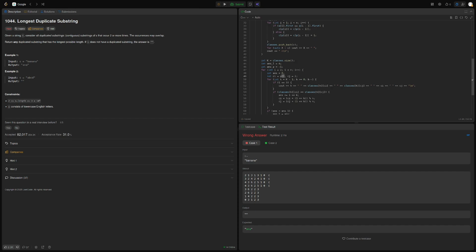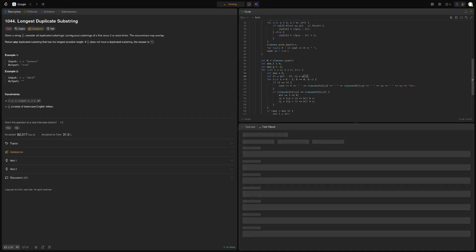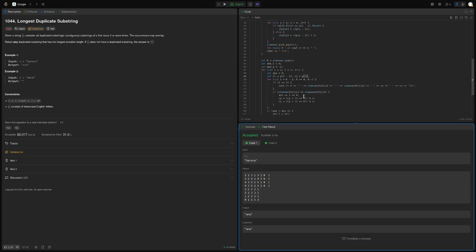Should be pi minus 1 and this should be pi. Maybe now it will work. Okay, now it works. Great.